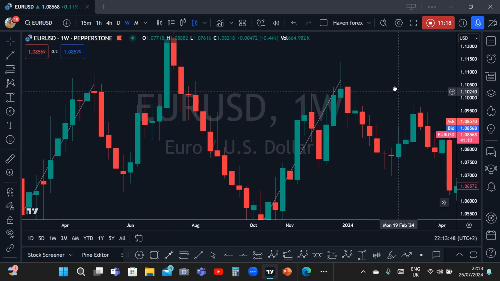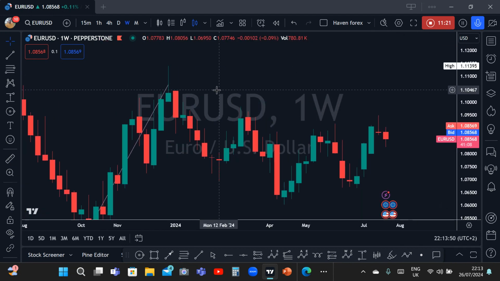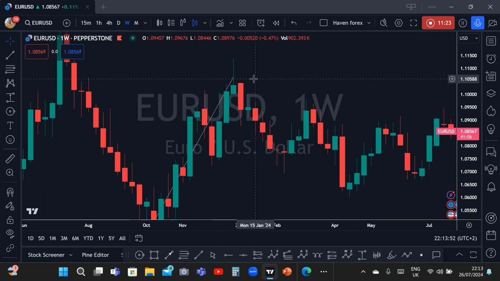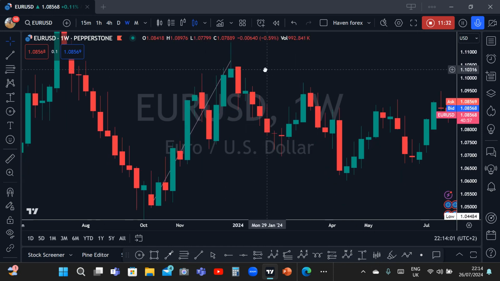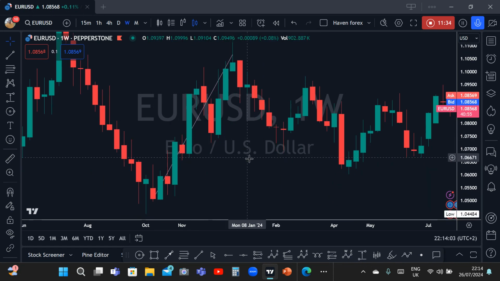Resistant level, remember, can be anywhere. It can be any level where price cannot break above. At that point, there are sellers there who are pushing the price downward.